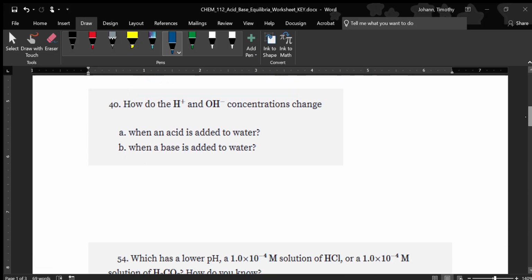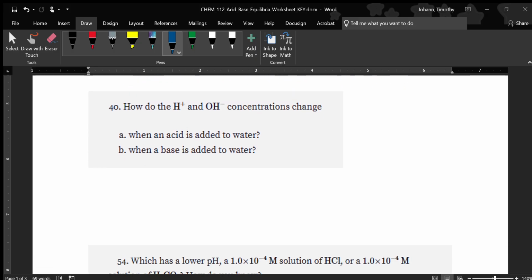All right, let's go on to our next one. How do the H plus and OH minus concentrations change when an acid is added to water? Well, if you add an acid to water, an acid dissociates. We think about HA goes to make H plus plus A minus in water. And so what's going to happen is our H plus is going to go up.